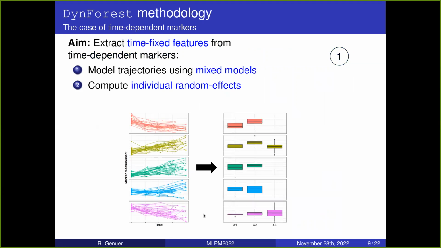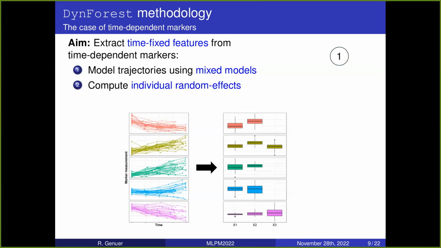And now maybe it's the core of our proposal: how we deal with time-dependent markers. So we are going to use summaries of mixed models. The objective here is to be able to extract some time-fixed features from time-dependent markers.